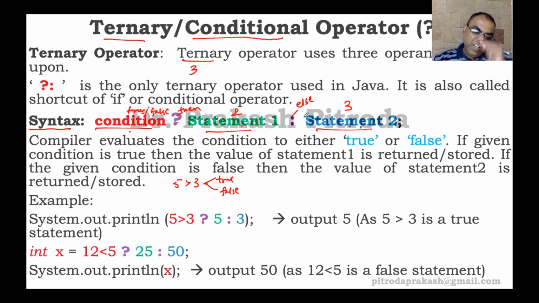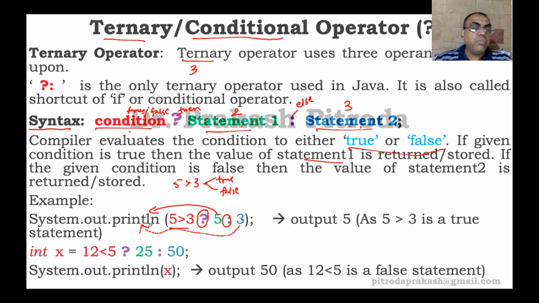Now in a statement, you can only write an expression, you can't use an assignment. We will see as we go through the examples. The compiler evaluates the condition as either true or false. If the given condition is true, then statement 1 is followed, otherwise statement 2. Let us take an example. Here, 5 greater than 3, then 5 goes for a print, else 3 goes for a print.